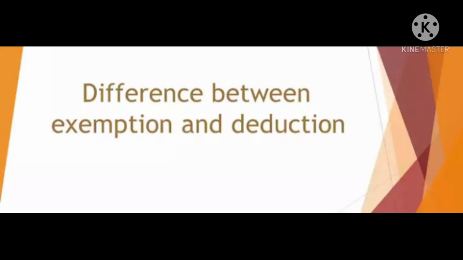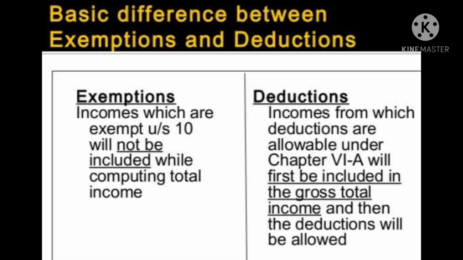Now, let's see the difference between exemption and deduction. Exemption means incomes which are exempt under section 10 will not be included while computing total income. That means, see, some of the things which are exempt from tax, we will not include when we are calculating the total income.